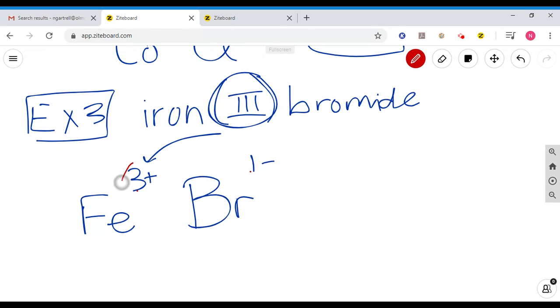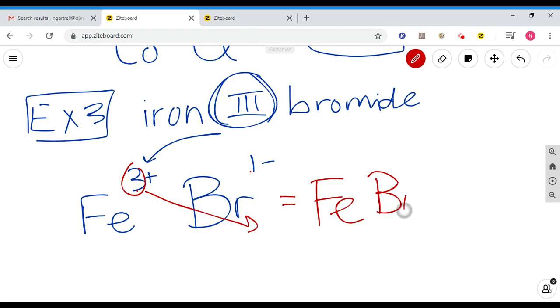Now I have to do the crisscross, and we just don't do anything with the ones. FeBr3. The reason I don't show the crisscross of the 1 is because it's understood that it's right there. If nothing's written, remember it's a 1. So this is iron 3 bromide.